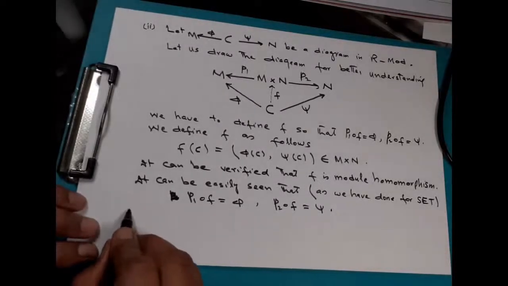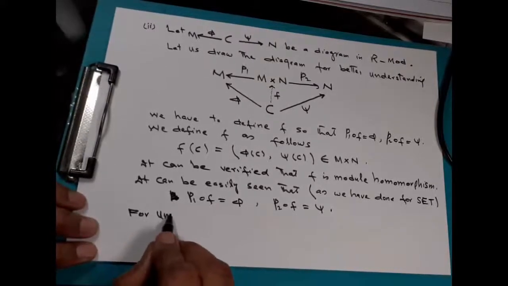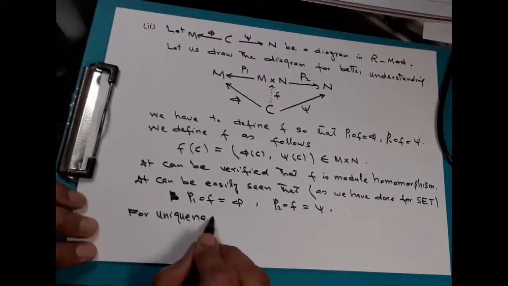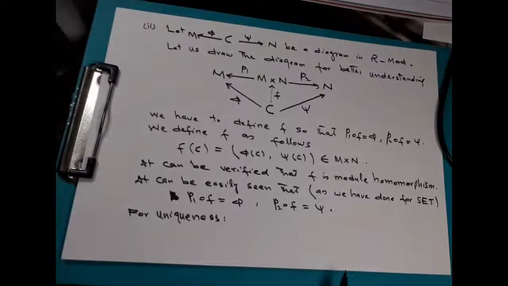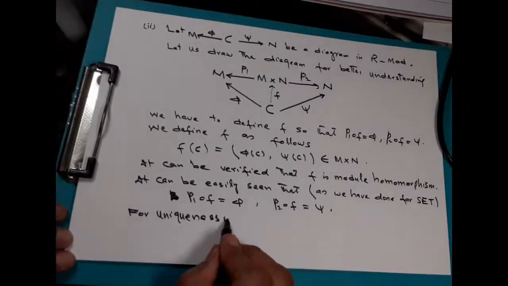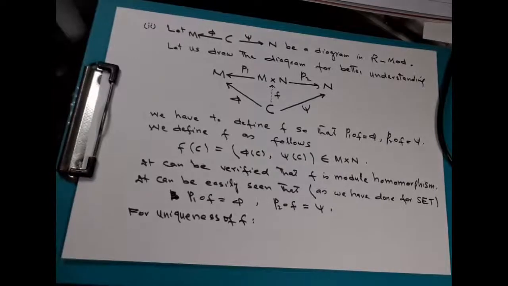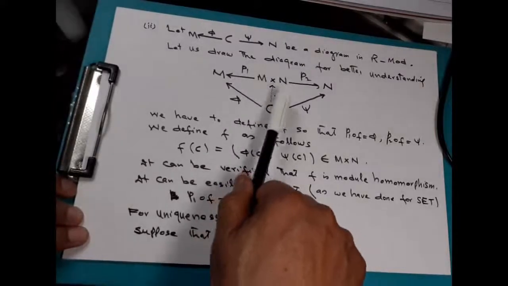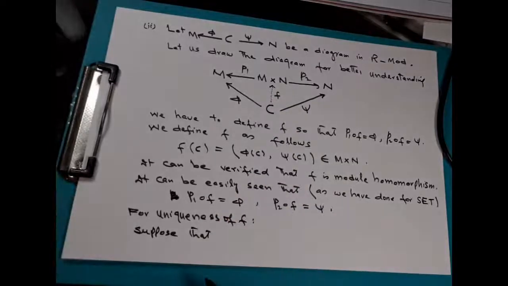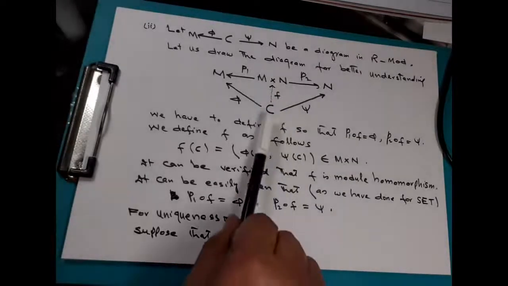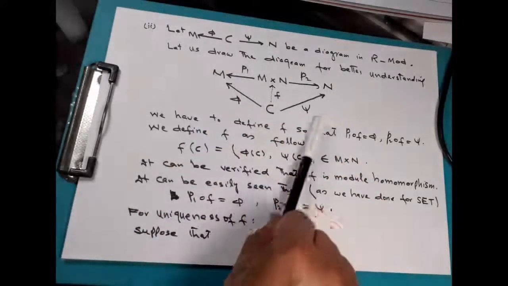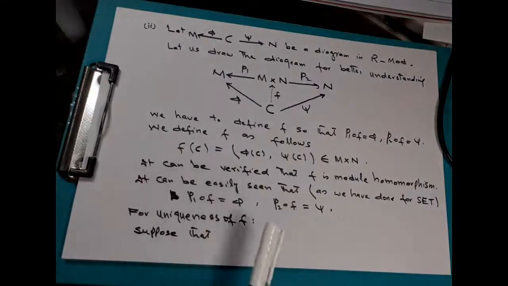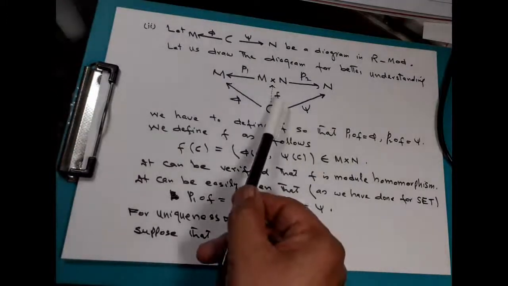So for uniqueness, we have to prove uniqueness of F. So we are going to consider another module homomorphism from C to M cross N so that this diagram commutes, and we will prove that that module homomorphism turns out to be F again.